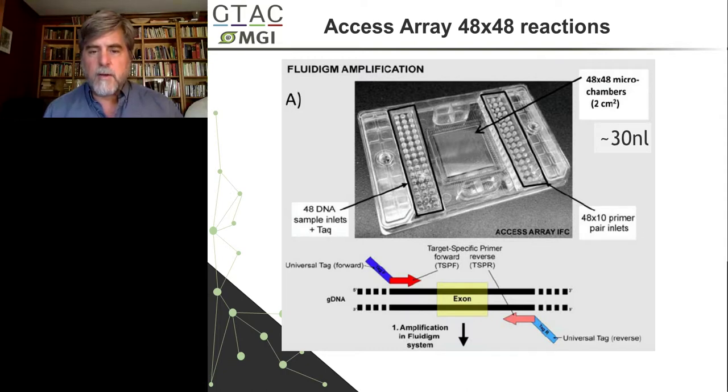I don't remember how many there are, but there are 48 by 48 reactions occurring in just an hour or two. And then once these reactions have finished, they go into a single chamber where they can be withdrawn, and they're sequence ready. They're ready to go onto the HiSeq or onto the MiSeq. Depending on the number of samples you're using, that's how we decide what Illumina instrument to use.